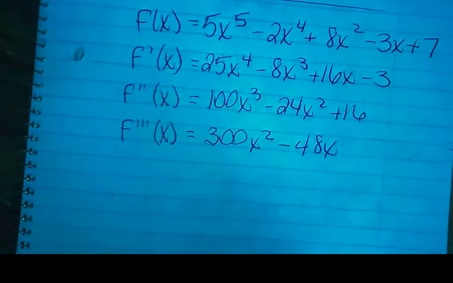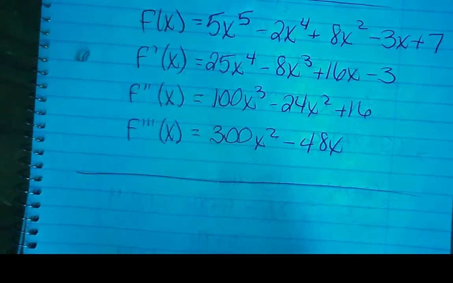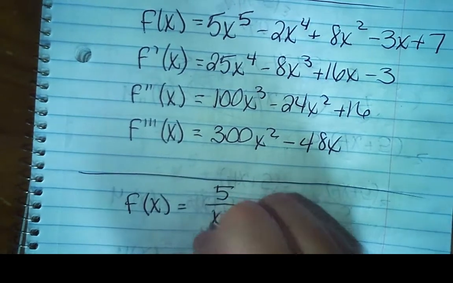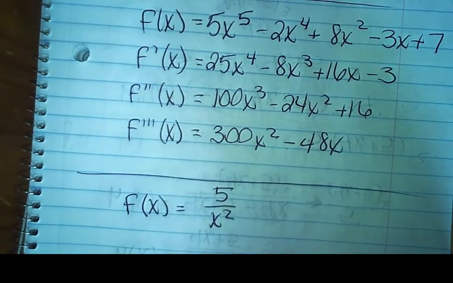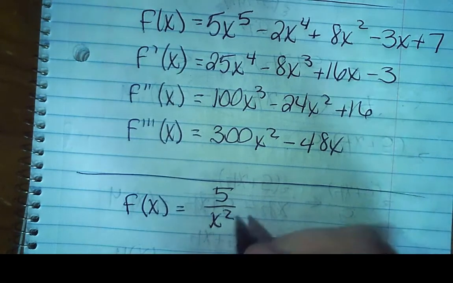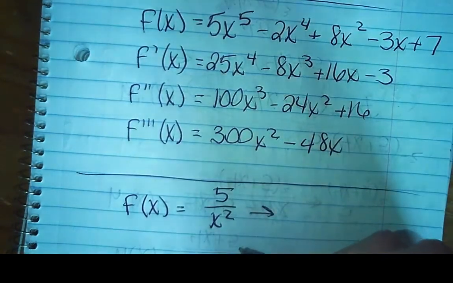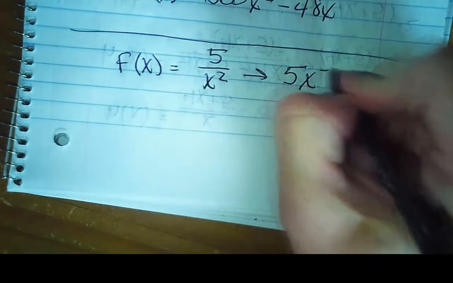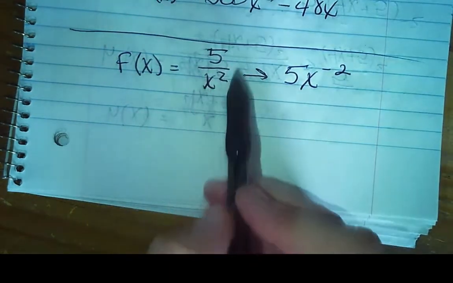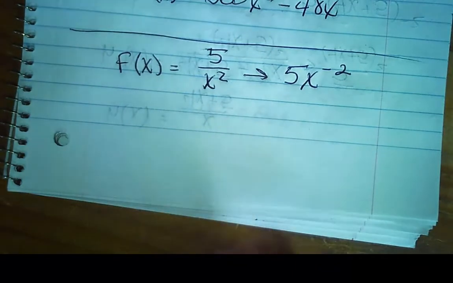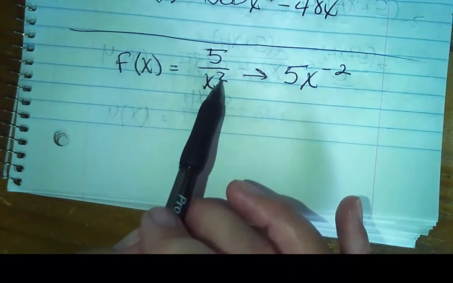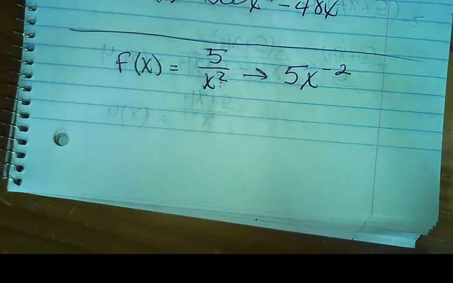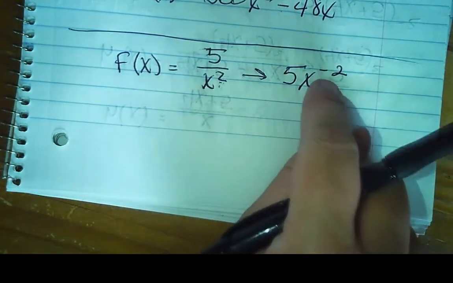All right, so for number 13, my function is 5 over x squared, and I want to find a third derivative. I don't want to do quotient rule on this because I can just as easily bring this up with a negative exponent. So I'm going to rewrite it as 5x to the negative 2. Now remember, this is not a polynomial, because a polynomial has terms with whole number exponents, and a negative exponent is an integer, not a whole number.